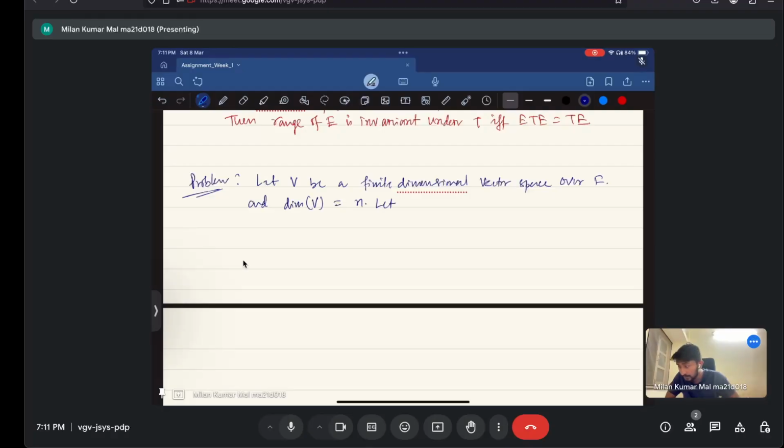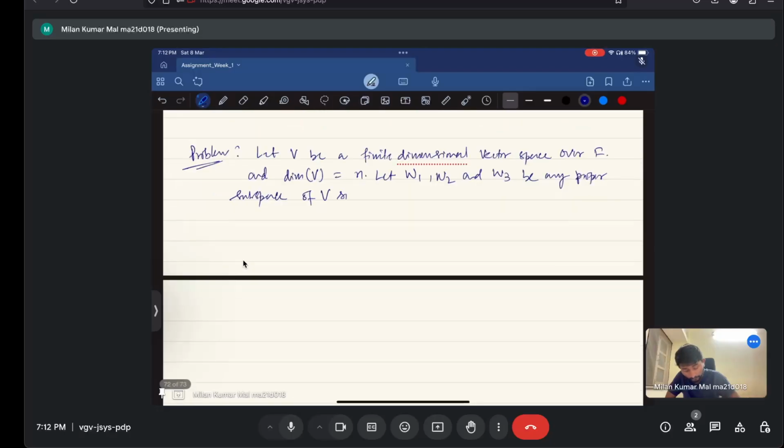Let W1, W2 and W3 be any proper subspace of V such that W1 plus W2 plus W3 is equal to V, then which of the following is correct?